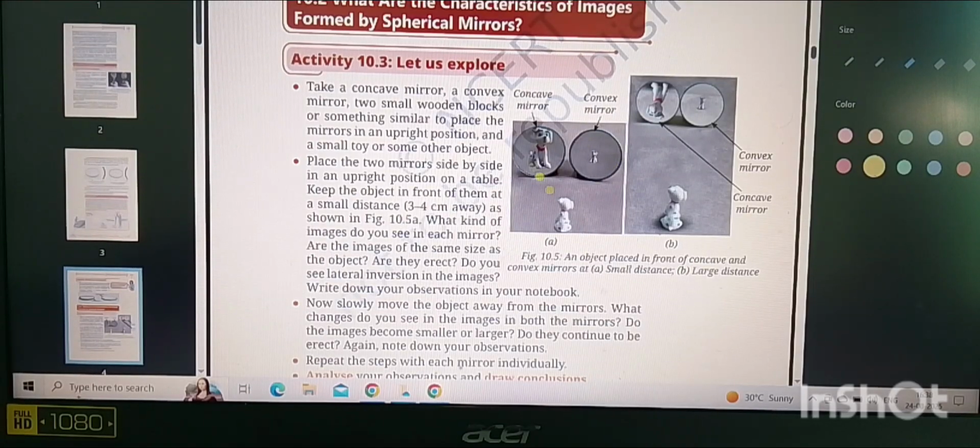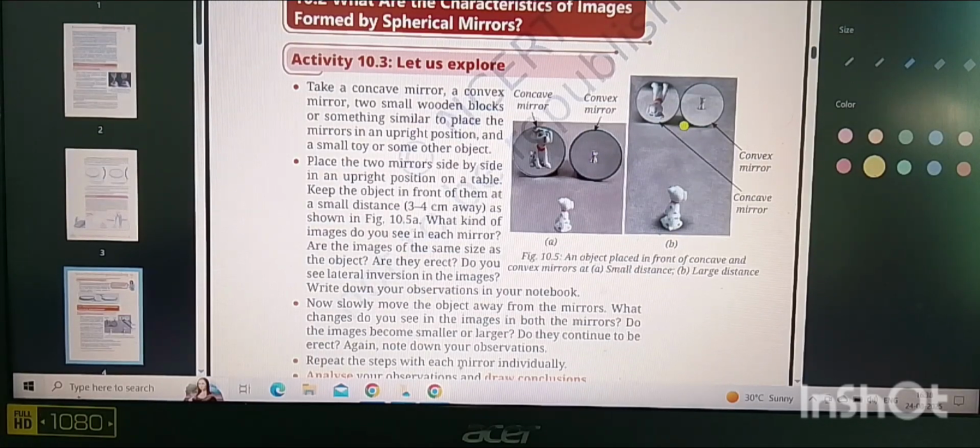In the first image we keep them at a short distance. Here, in the case of the concave mirror, you can see an enlarged image, greater in size than the actual object. And in the case of the convex mirror, you can see a diminished image. This image size is very small.